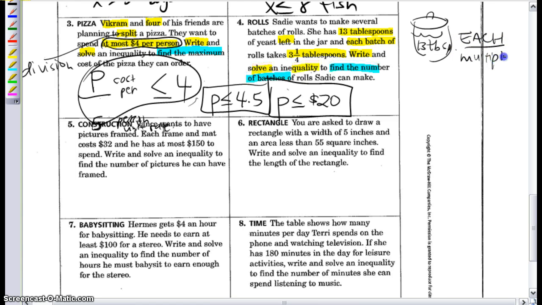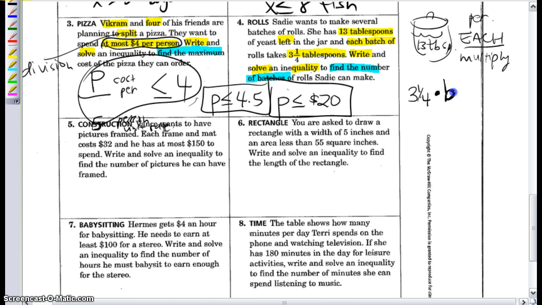It's like saying per. In each batch, 3 1/4 tablespoons is used per batch, or each batch needs 3 1/4 tablespoons. So I'm going to take 3 1/4 tablespoons and multiply that with the number of batches. So I'm going to use B for batches.